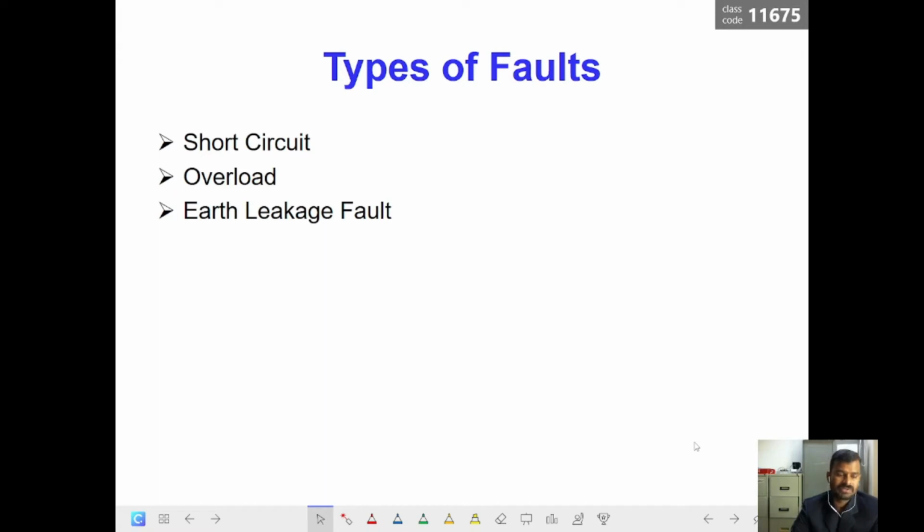For example, you have a supply voltage of 240 volts and you insert a conductor between the line and neutral, a conductor which has minimal resistance, for example 1 ohm. As per Ohm's law, current equals voltage divided by resistance. The resistance is 1 ohm and the supply voltage is 240 volts, so you will get a current of 240 amperes.